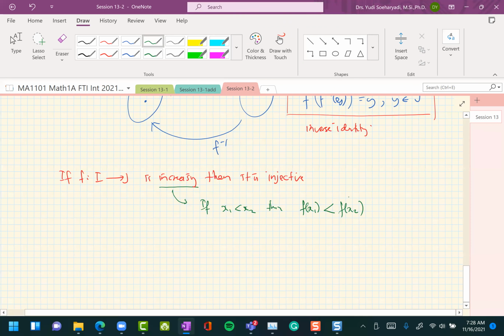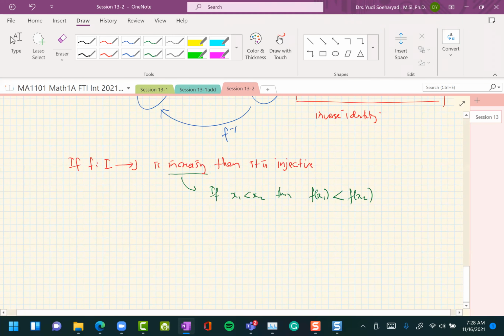So this is what increasing means. That means if you start with different things in I, x1 not equal to x2, then you have different things in the image. That's why it is injective.